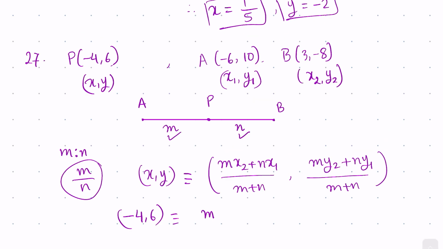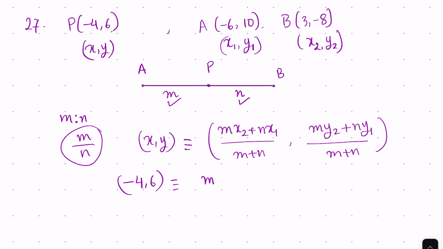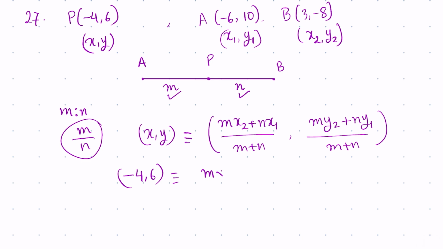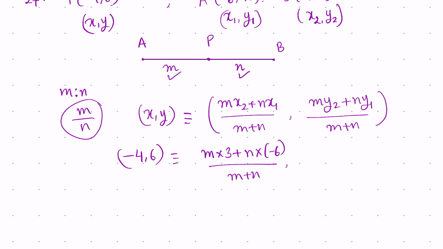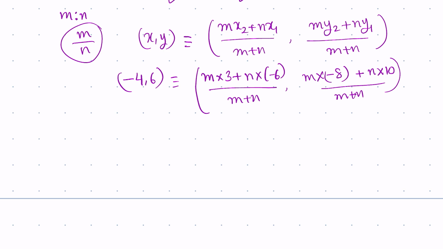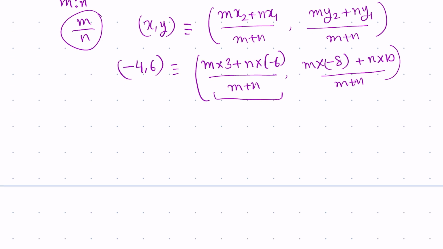X is m times 3 plus n times minus 6 by m plus n, and y is m times minus 8 plus n times 10 divided by m plus n. We could use either one. I'll use this part to form a relation between the variables m and n.